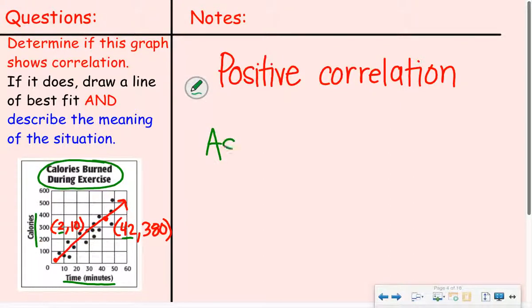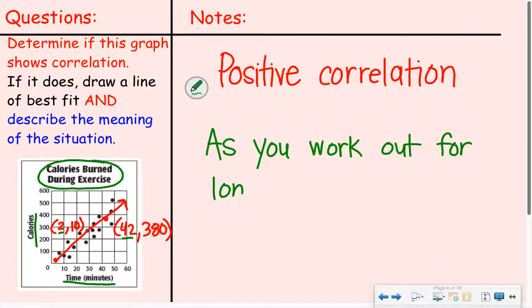So we'll say as you work out for longer, as in our time. Let's look at our y value, goes from 10 to 380. So that's increasing as well, and that's our calories burned.